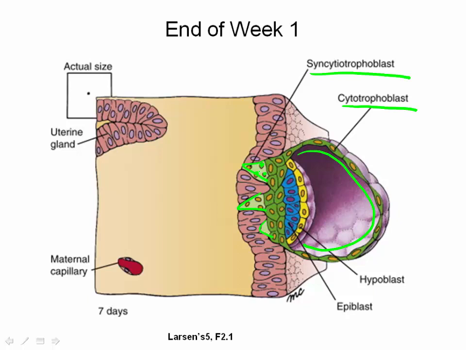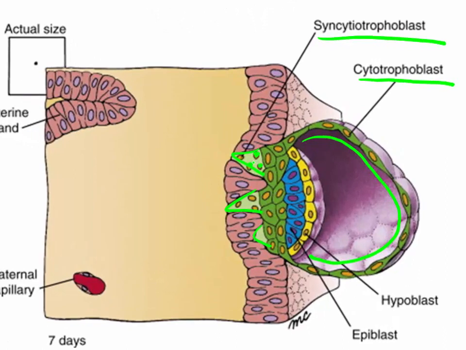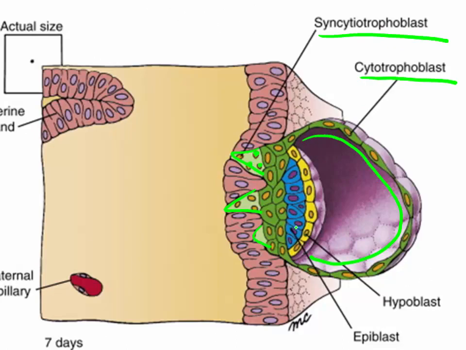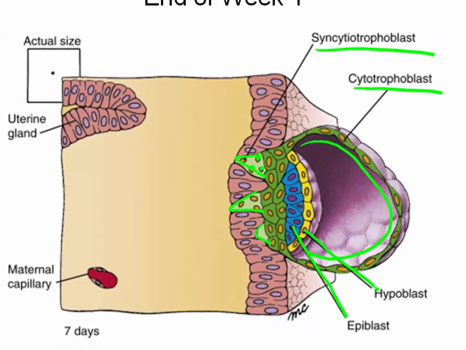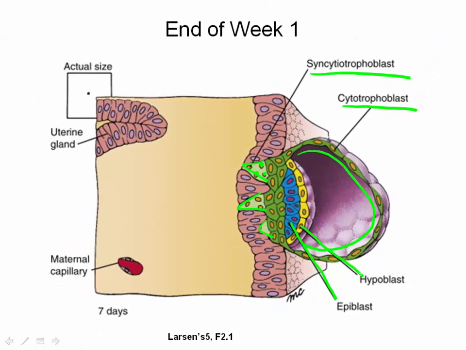The embryoblast is starting to organize itself into a 2-layered bilaminar disc. The superior portion becomes known as the epiblast, whereas the inferior portion that is closest to the blastocyst cavity or blastocele forms the hypoblast. This marks the end of week 1.